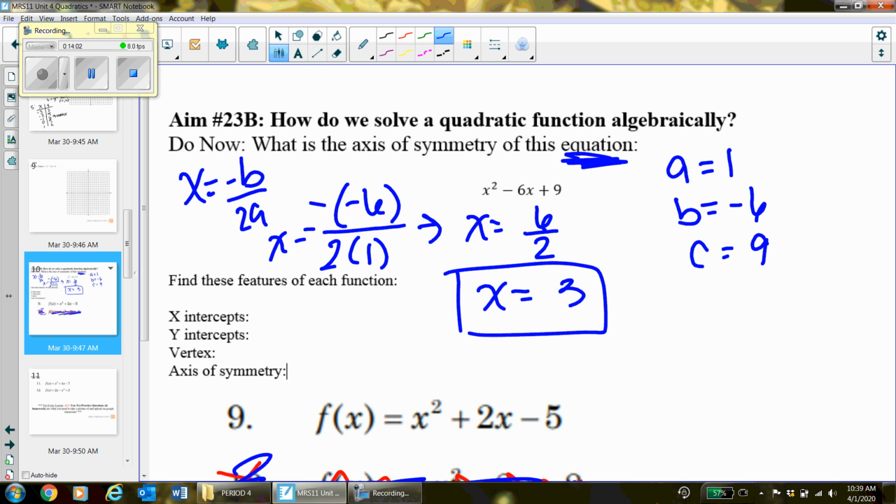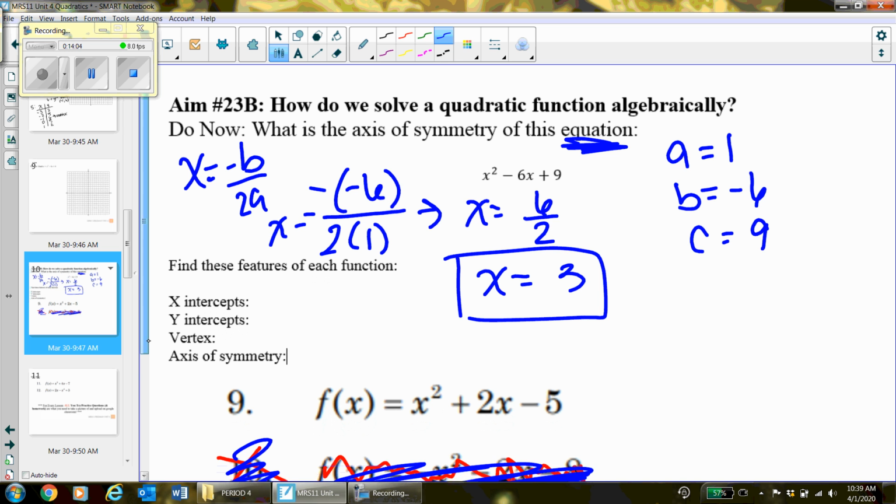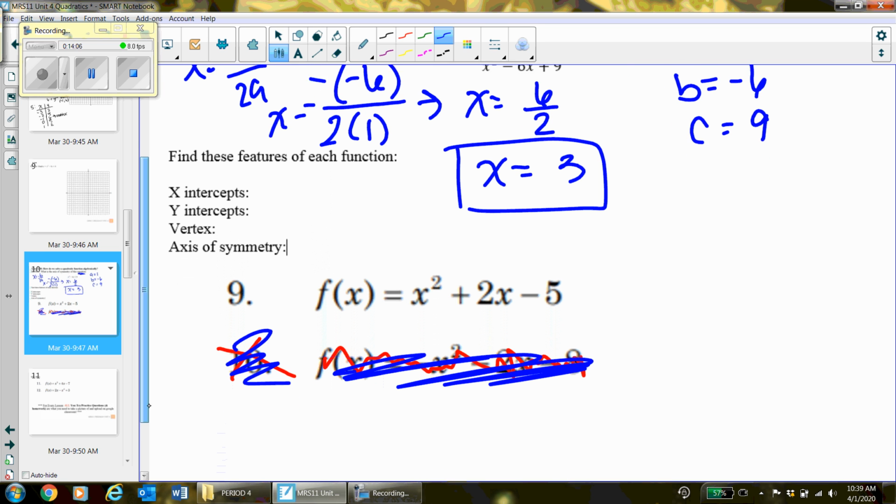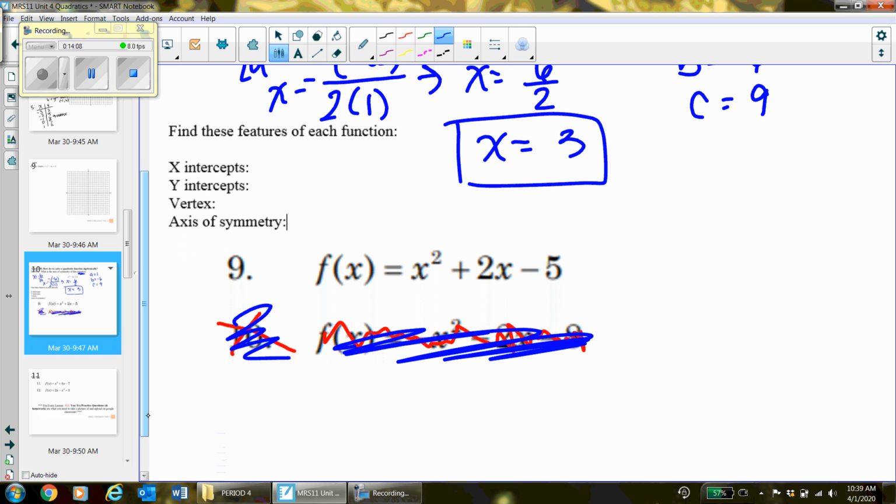All right, so you're going to find the x-intercepts, the y-intercepts, the vertex, and the axis of symmetry of this function here. The first step: I can already tell by looking at this equation that I can't just factor it normally using double bubble. You have to use the quadratic formula.